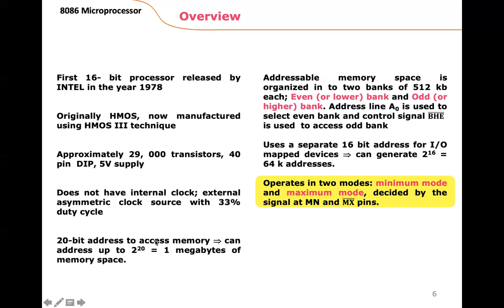So this is divided by two, because 50% is odd bank and 50% is even bank. So 512 kilo is the even bank, and 512 kilo is the odd bank. Two parts. And this microprocessor has two working modes: the minimum mode and the maximum mode.